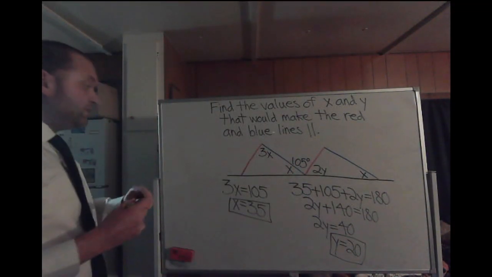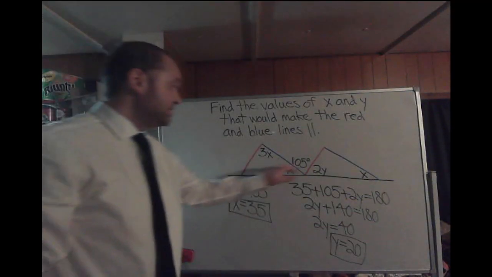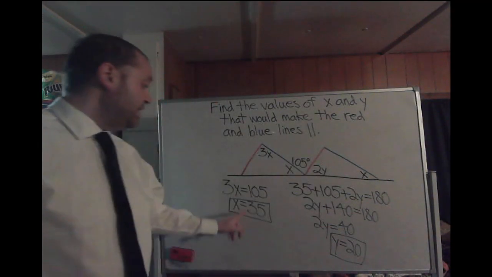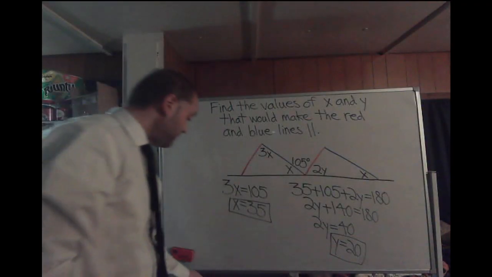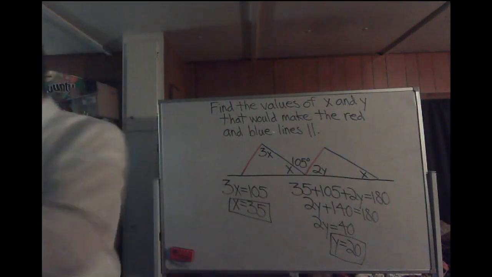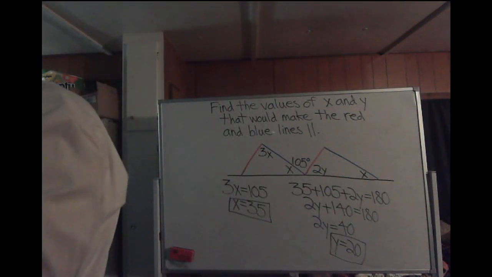So the values of x and y that would make these lines parallel to each other are x equals 35 and y equals 20. So, also not terrible.